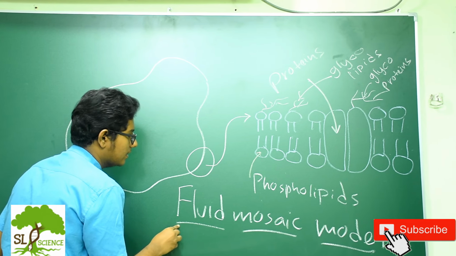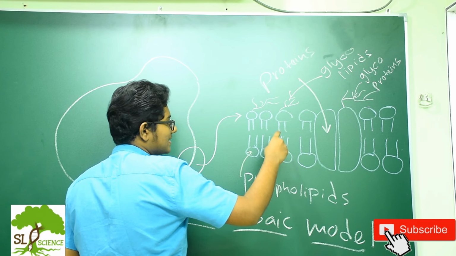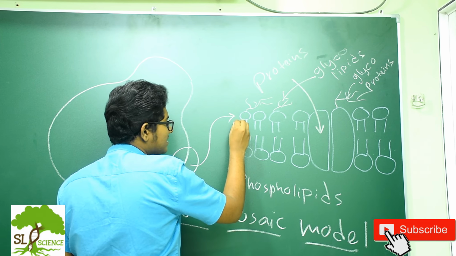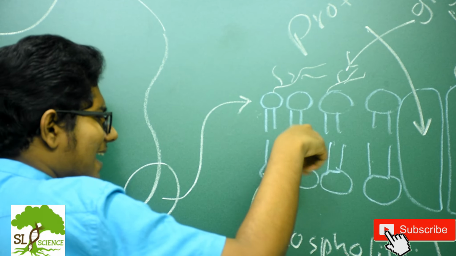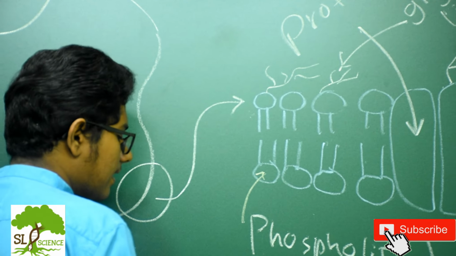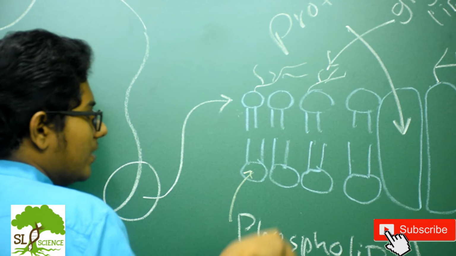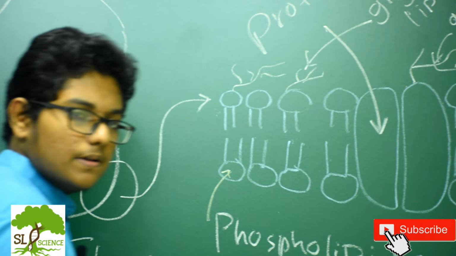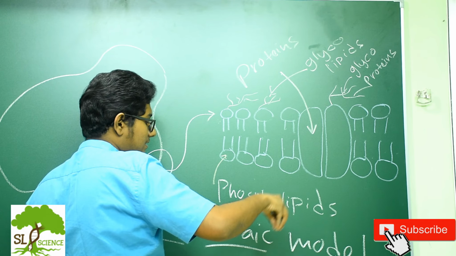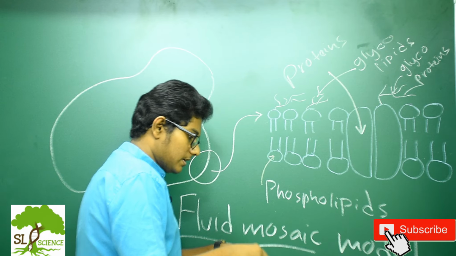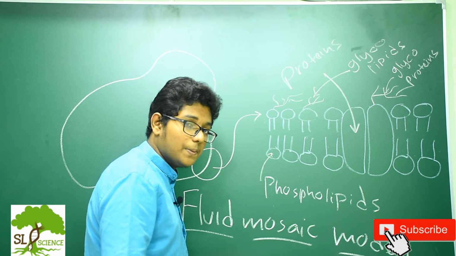Why fluid? Because phospholipids act as a double layer of fluid. There is a double layer of phospholipids, a first layer and a second layer. It acts as a fluid, and like a mosaic structure we can see proteins here and there inside this phospholipid fluid.